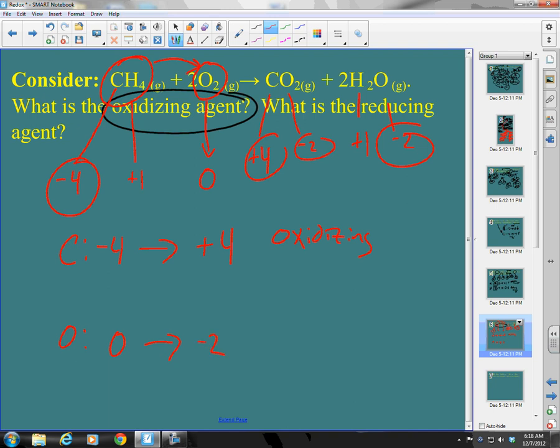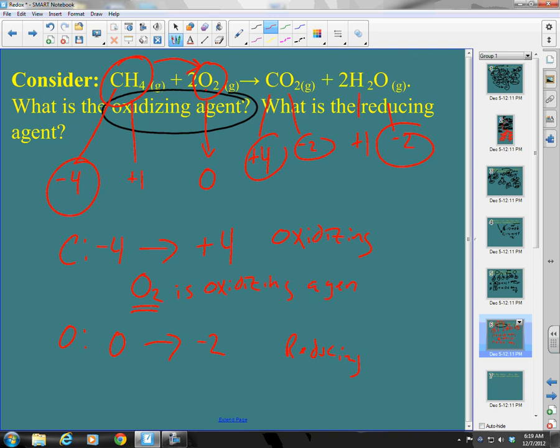So that means oxygen is reducing. Okay, good. So what's causing my carbon to oxidize? Well, the oxygen atoms. So that means not oxygen is my oxidizing agent, but O2. It has to be the complete reactant is the oxidizing agent.